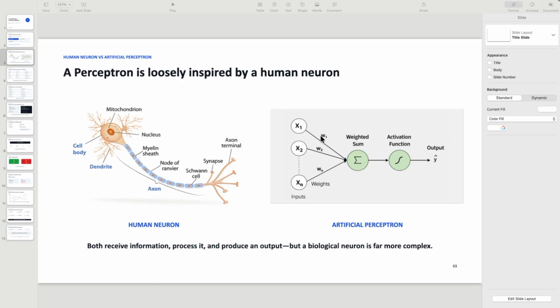And w1, w2 up to wn are called the weights. What is the function of the weights? Weights determine how strongly each input contributes to the perceptron. A larger weight means the corresponding input has higher impact, which we can call importance.